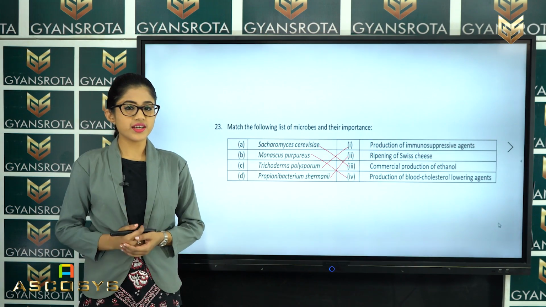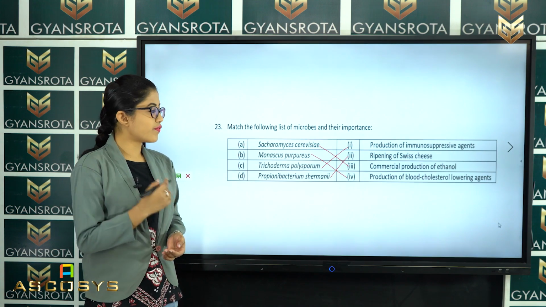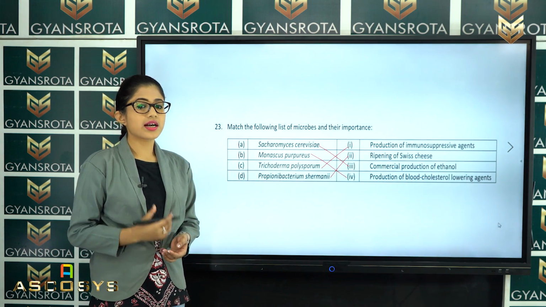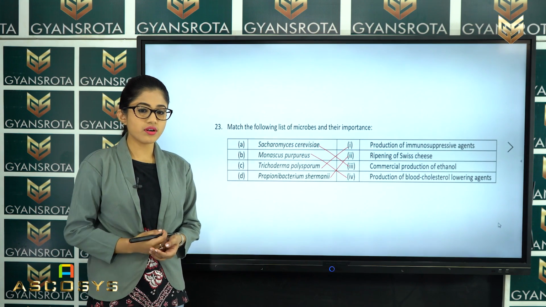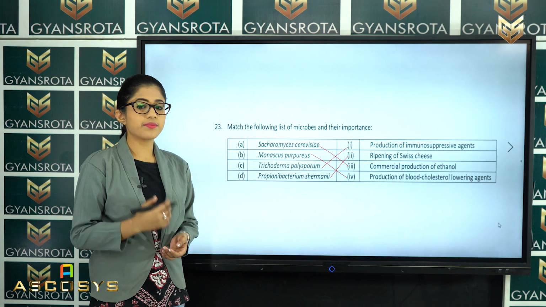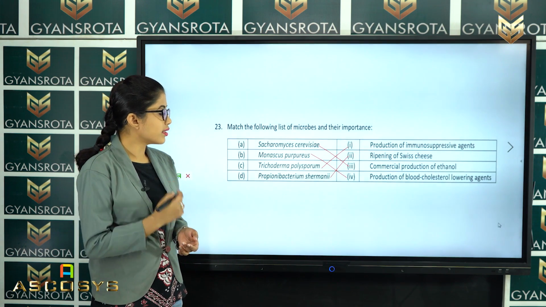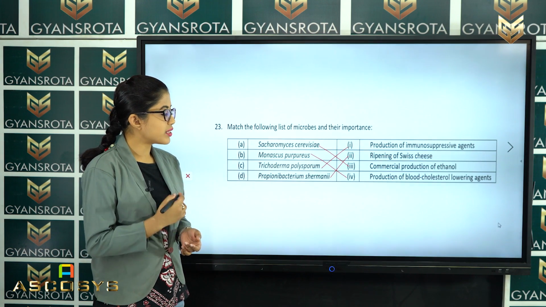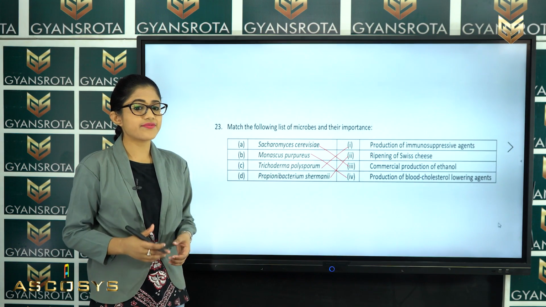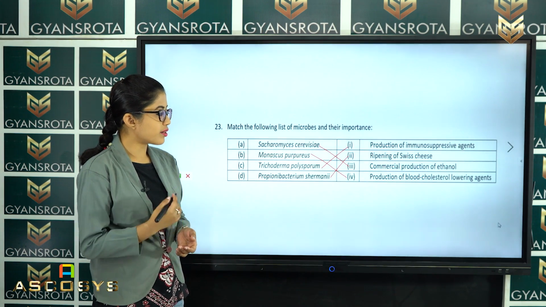After matching column 1 with column 2, we have got their functions. The first is Saccharomyces cerevisiae. They help in the commercial production of ethanol. Next is Monascus purpureus. They help in the production of blood cholesterol lowering agent. Then third is Trichoderma polysporum, that helps in the production of immunosuppressive agent, and the fourth is Propionibacterium shermanii.